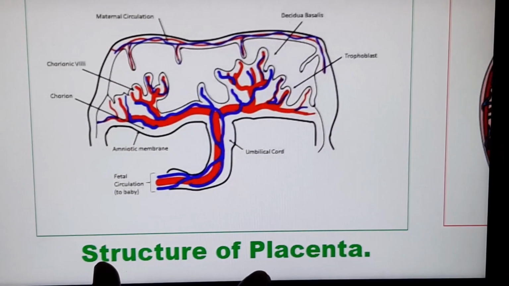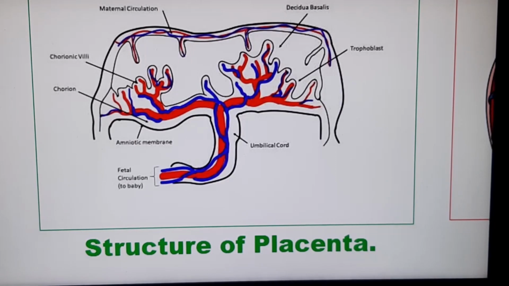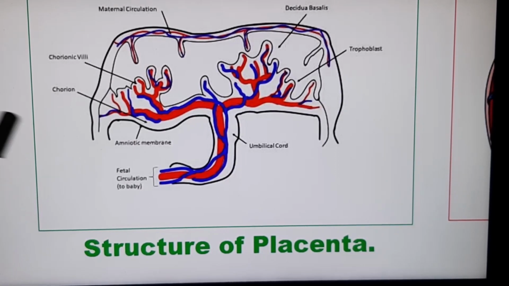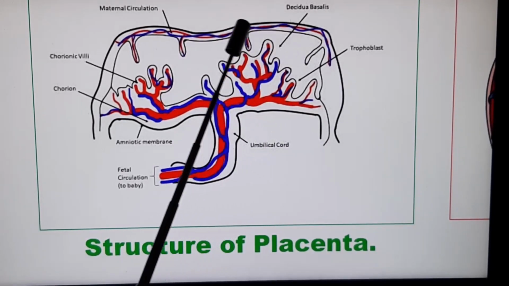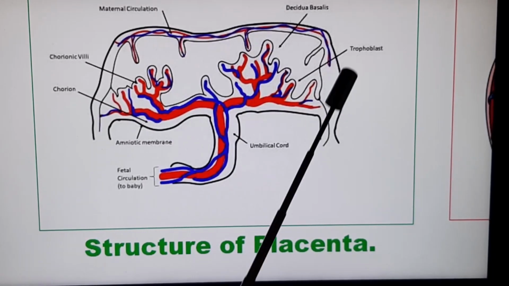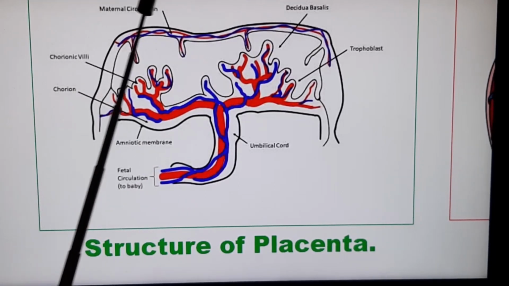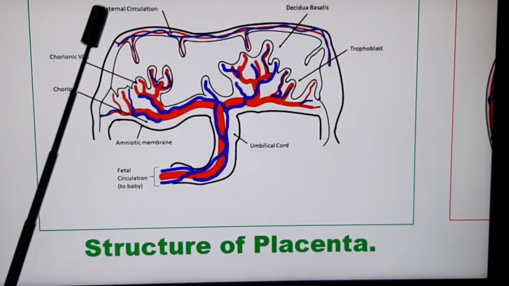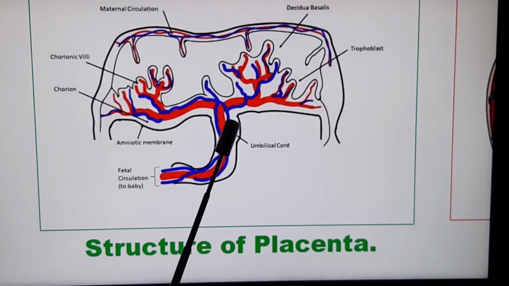Let us try to understand the structure of the placenta. Placenta is a disc-shaped structure. It is a connecting link between the mother and the fetus. So this is the disc-shaped structure that forms in the uterus, and this is the maternal endometrium, and this is the umbilical cord.